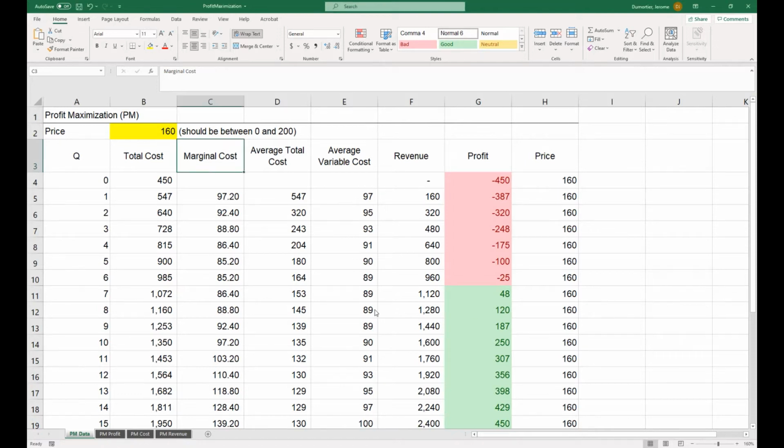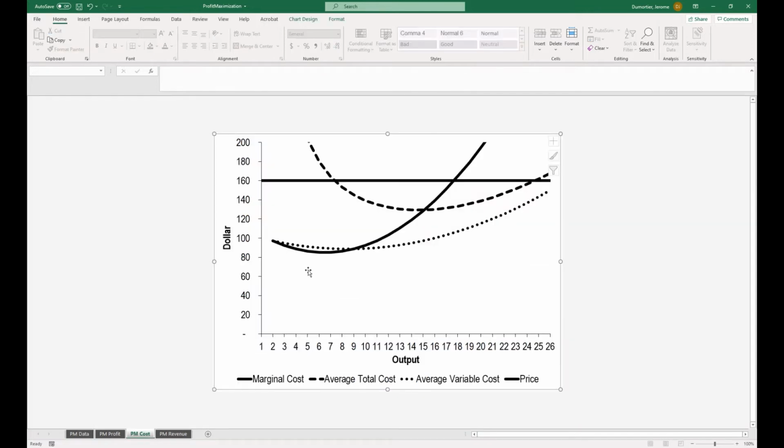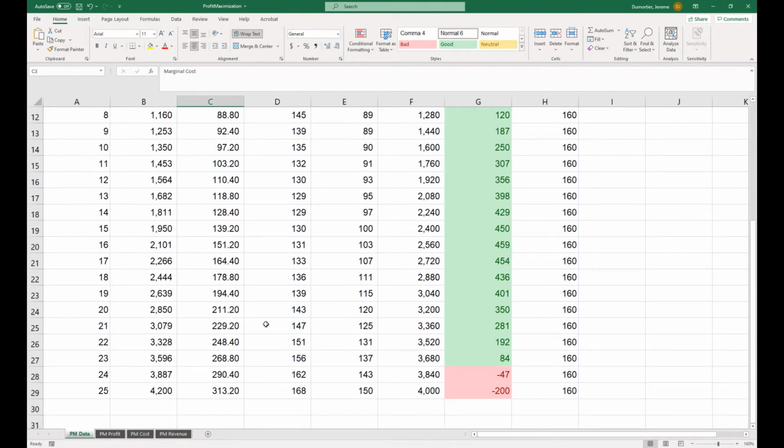Now, let us continue to play around with this Excel sheet. Right now, we are in the situation where we have a price of $160, and we know that in order to maximize profit, we have to set the price equal to the marginal cost, which gives us the output quantity of around 16 units.